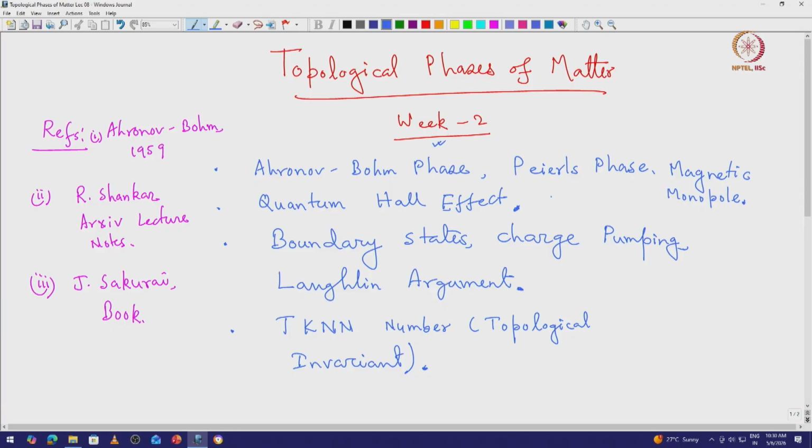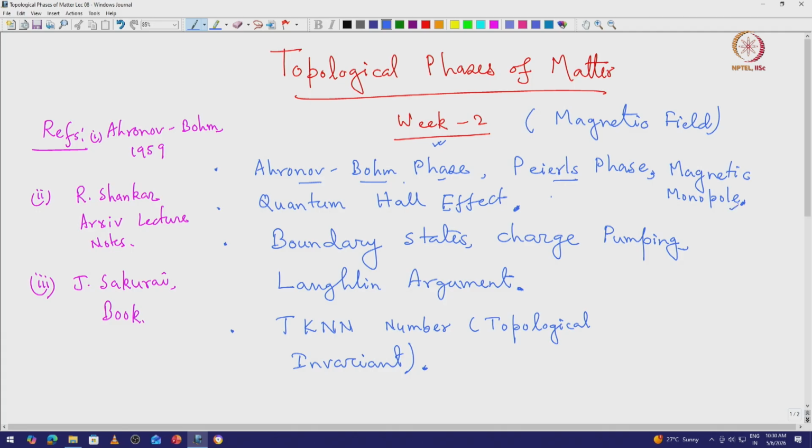This is what was in the original content of the course, in which we will study the Aharonov-Bohm phase or Peierls phase, and these are all with magnetic field. And how the Aharonov-Bohm phase is related to something called a magnetic monopole.